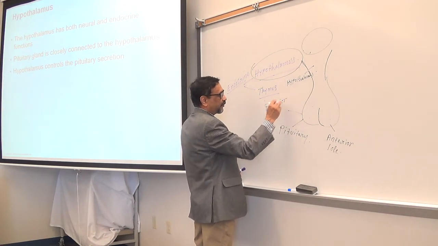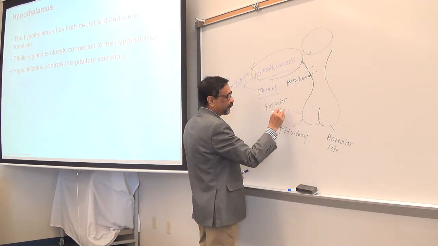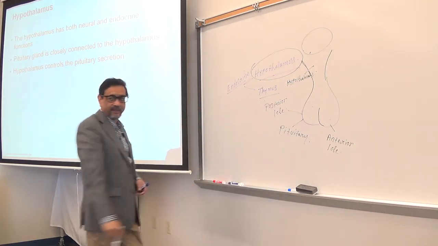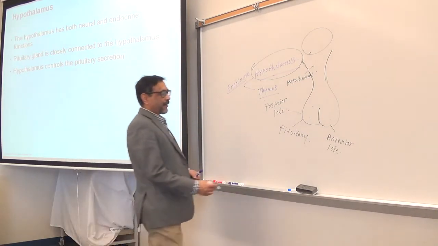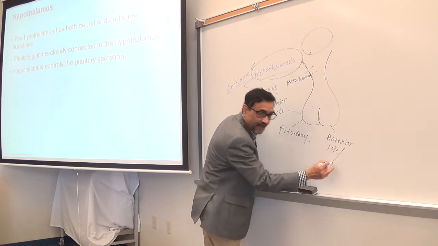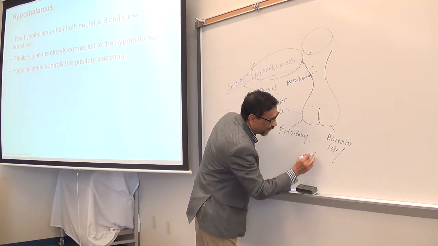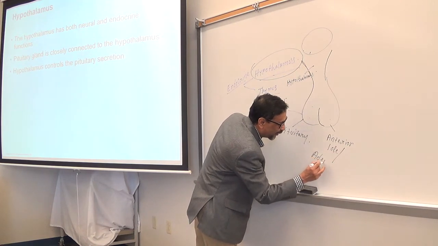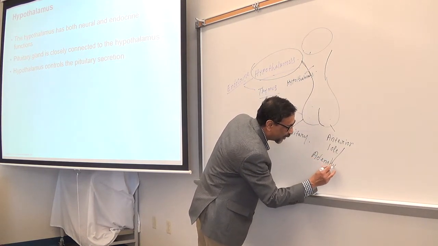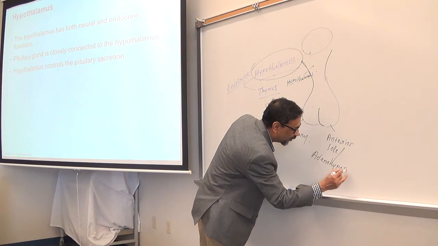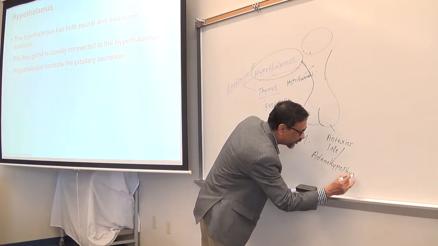Posterior lobe. So 2 lobes in the pituitary. Okay? Anterior lobe has another name, that is called adenohypophysis.